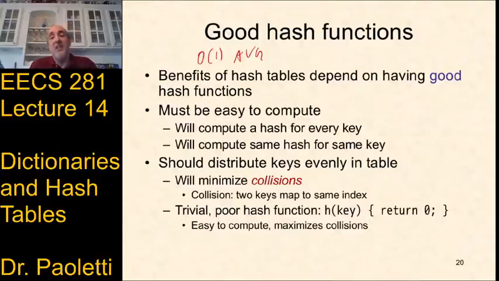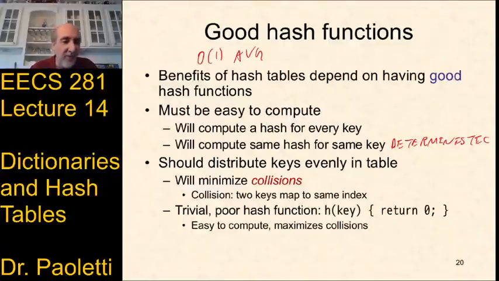I go, oh, banana's not in the hash table. So there's a name for this. Sorry, that's a big long word. I'm not going to say it while I'm typing it out. Deterministic. Deterministic means the behavior is predictable, the behavior is consistent.